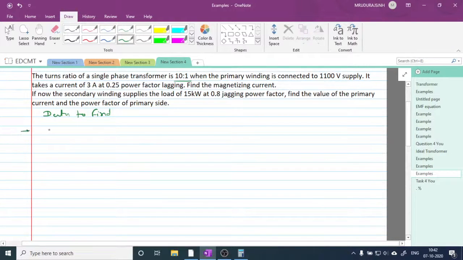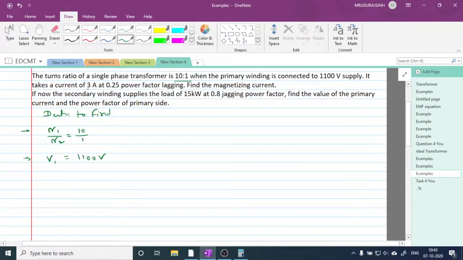That means N1 by N2 is 10:1. When the primary winding is connected to 1100 volt supply. That means V1 is equal to 1100.